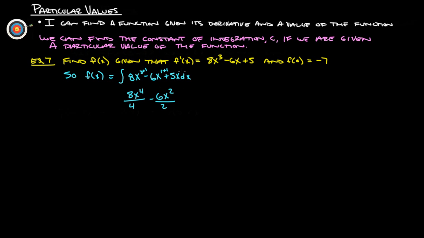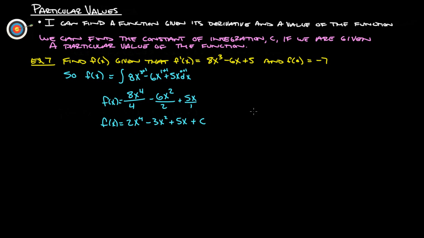And 5x to the 0, plus 1, is plus 5x over 1. This all simplifies down to 2x to the fourth minus 3x squared plus 5x plus our constant. And this is what f of x equals.